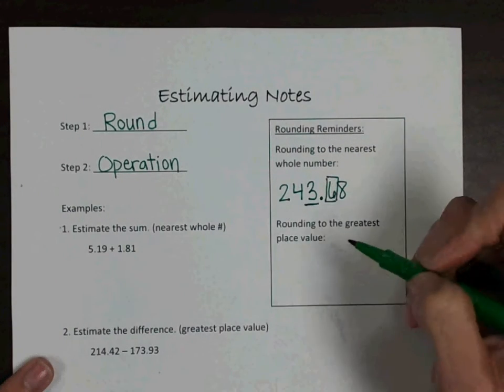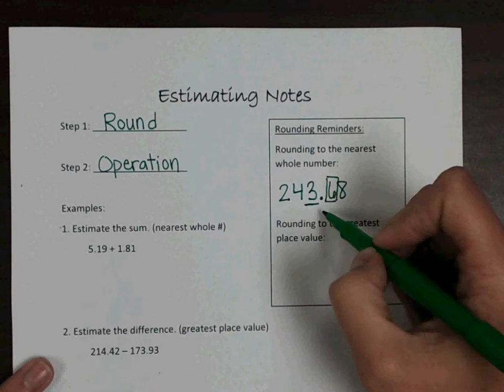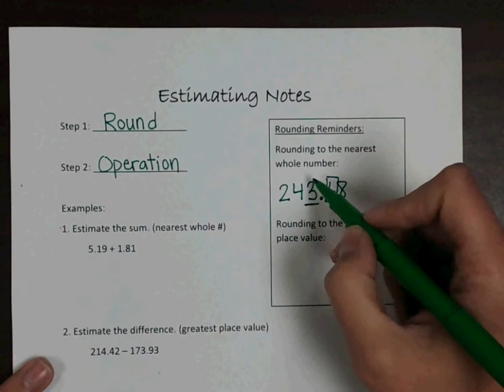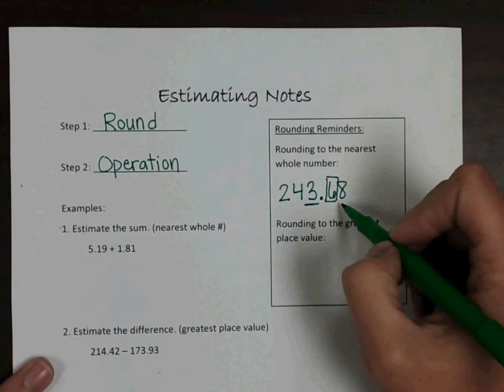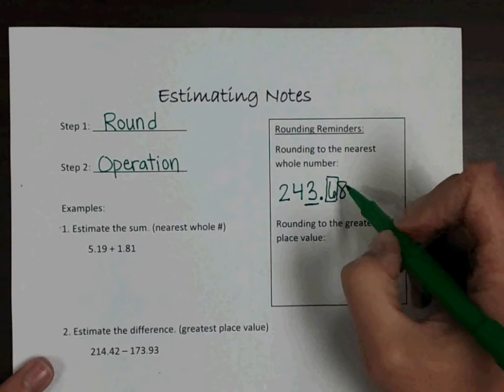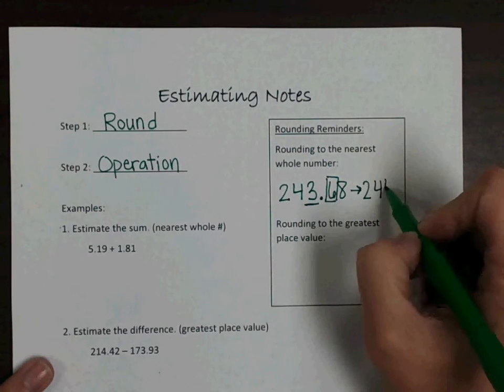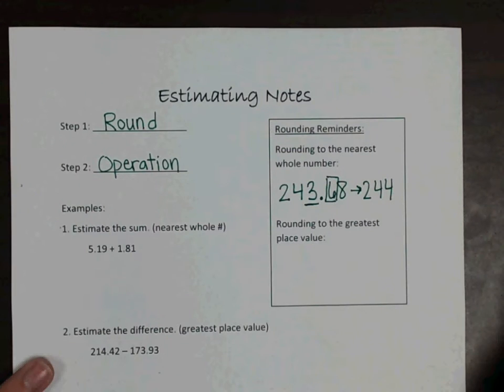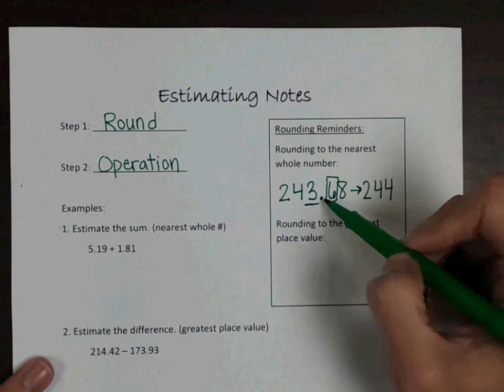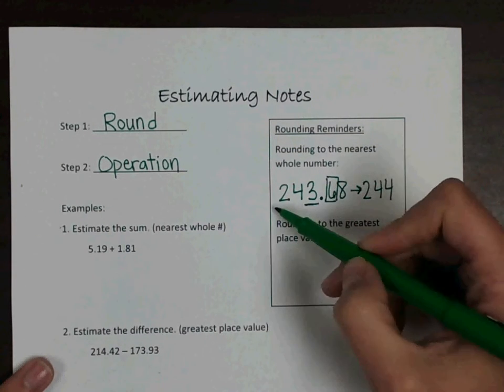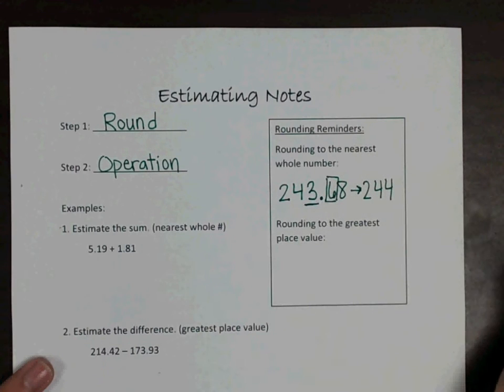So I'm going to look at the number past the decimal and see if it's less than 5, I'm going to leave it at this number. If it's greater than 5, I'm going to round up. So because this 6 is greater than 5, I'm going to round it to 244. That would be to the nearest whole number. Say that was 0.38, then I would round down to 243 and leave it.